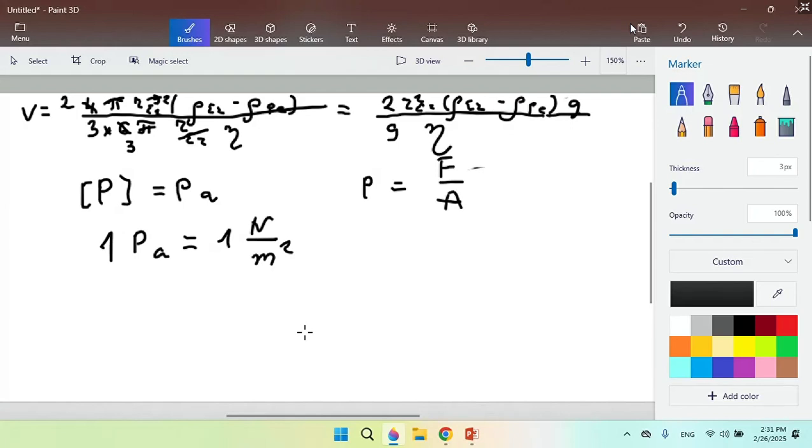So, what is the most important law in fluid dynamics which we studied today? We studied Poiseuille's law. It is about volume flow rate. How to state it globally? Volume flow rate is proportional to the pressure gradient.